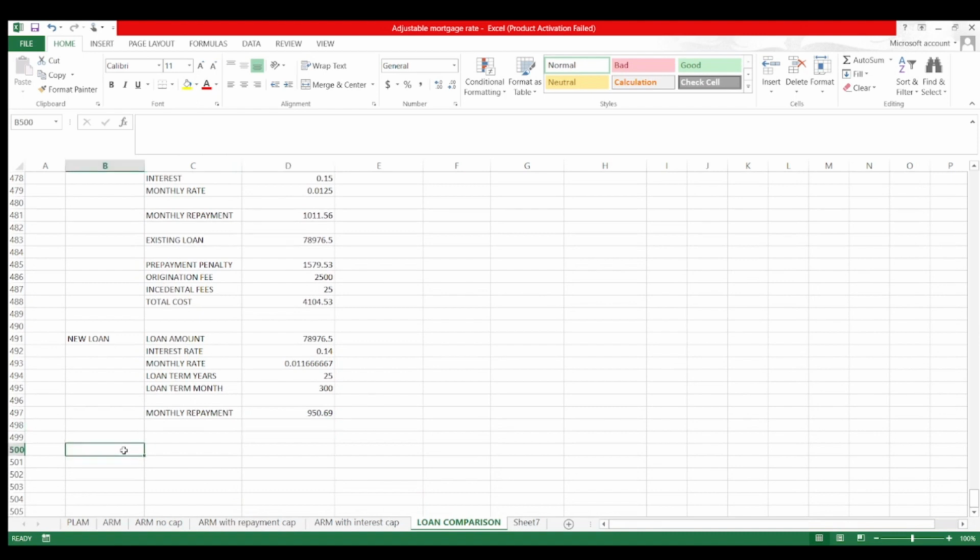So what's the saving? Loan saving. For our case, the earlier monthly repayments were 1011 and now you're paying 950, so you have a saving.